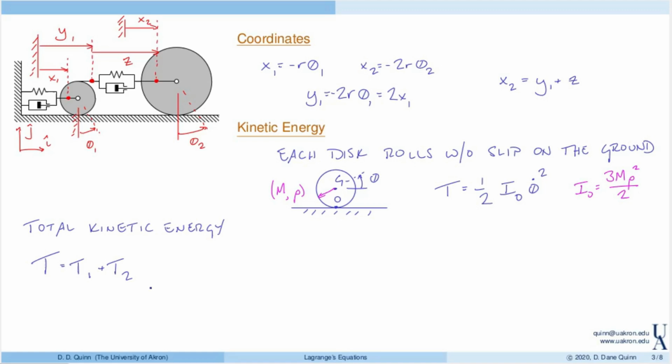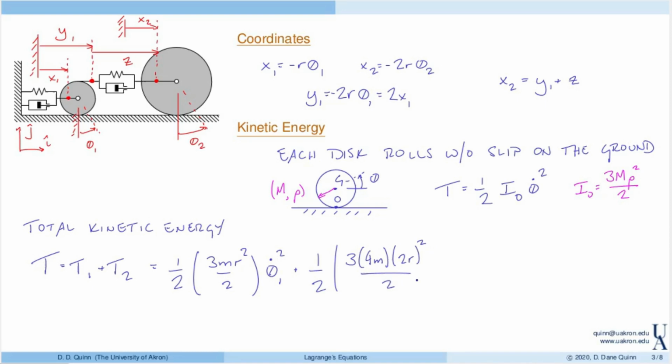So for the smaller disk on the left, it's 1/2 times 3mr squared over 2 times theta 1 dot squared. For the larger disk, it's 1/2 times 3 times the mass. Well, remember the mass was 4m, and the radius was twice r, so (2r) squared divided by 2, theta 2 dot squared.